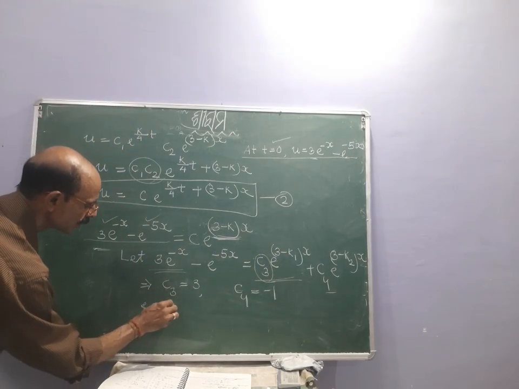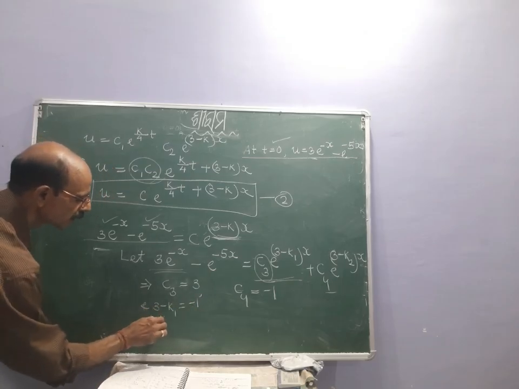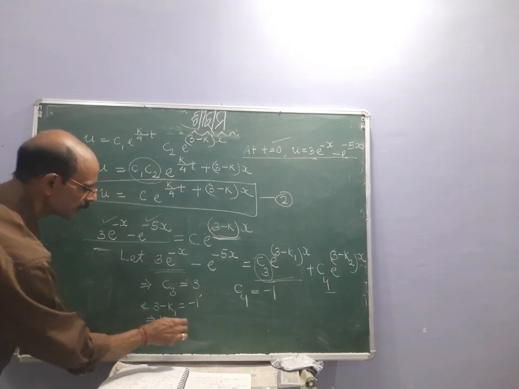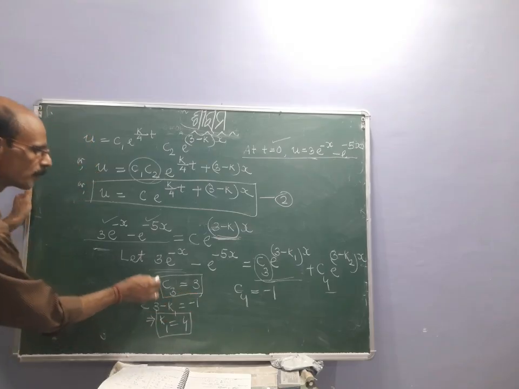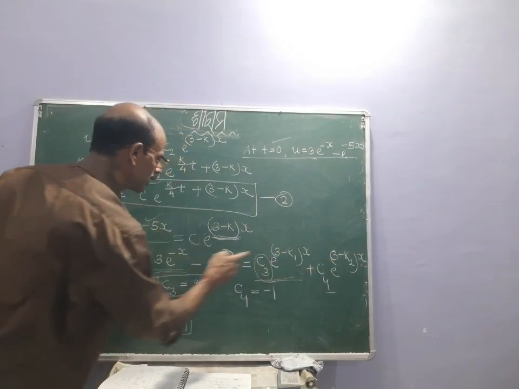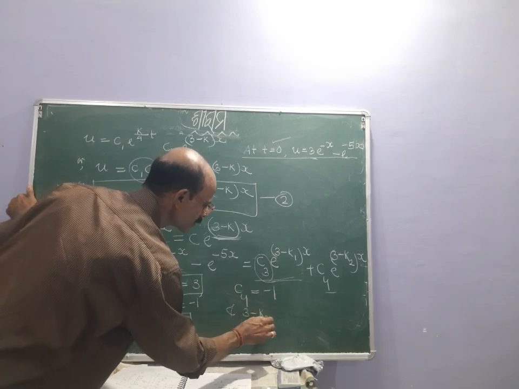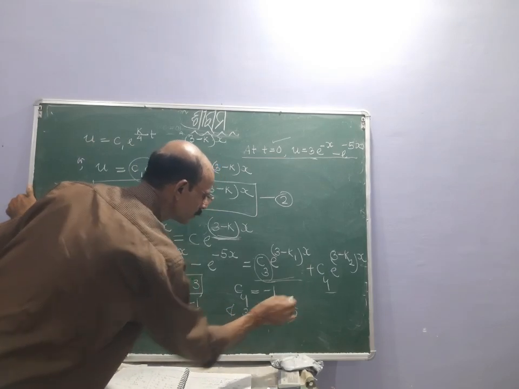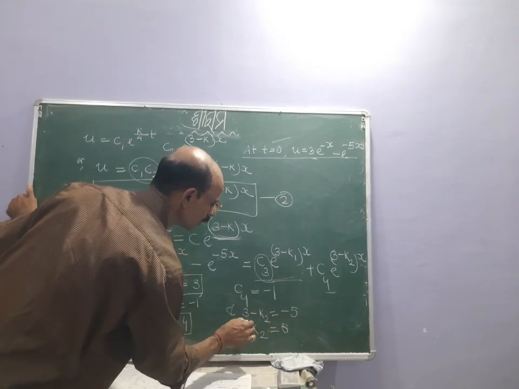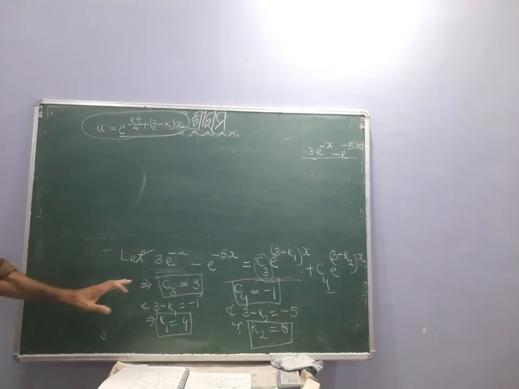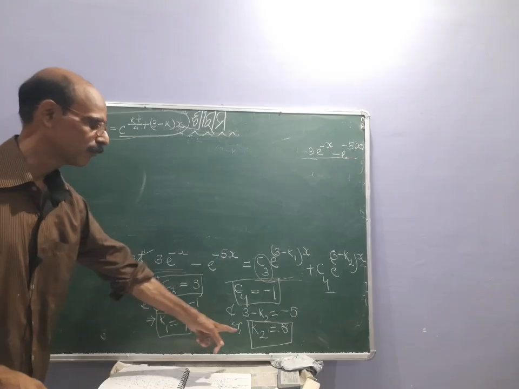This implies k1 is equal to 3 plus 1, that is 4. k1 is 4, and here 3 minus k2 is equal to minus 5, or k2 is equal to 8. Now students, we obtained the values of c3, c4, k1 and k2.